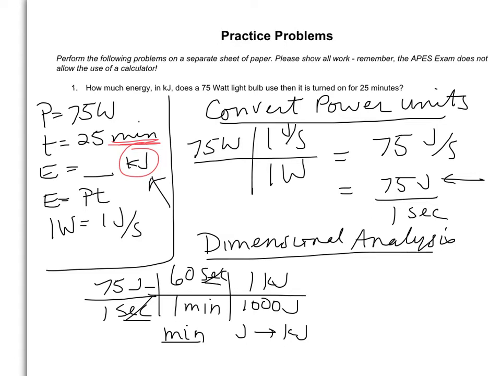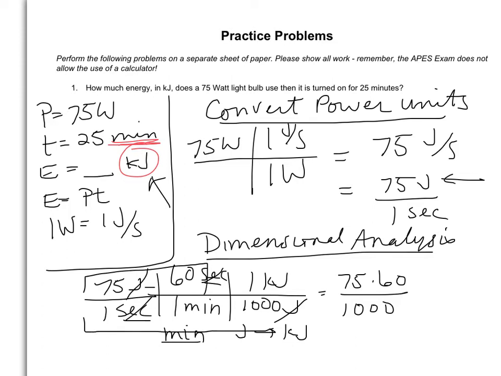Okay, so let's solve this. We can cancel our joules in both our numerator and our denominator. So what we're left with here is 75 times 60 divided by 1,000. That says 75 times 60 times 1 divided by 1 times 1 times 1,000. What I end up with when I plug that in my calculator is not 7.5, it's 4.5.